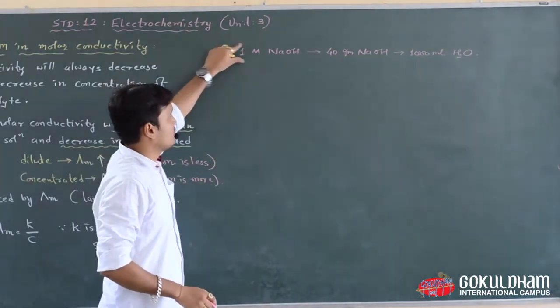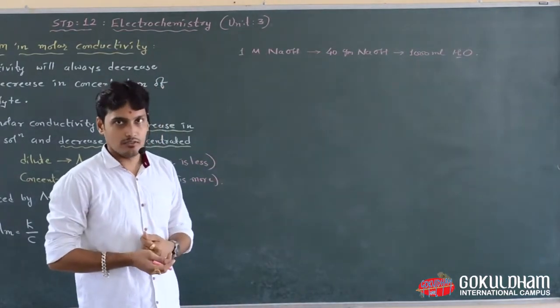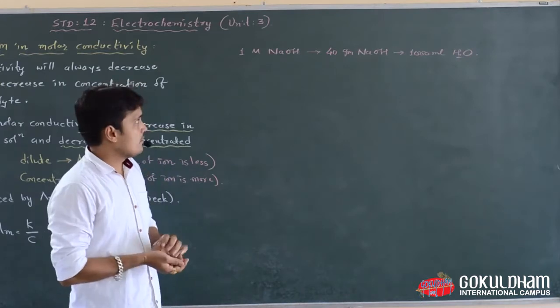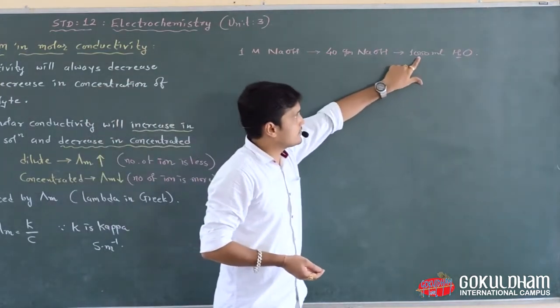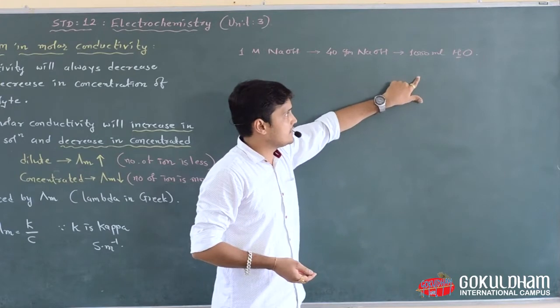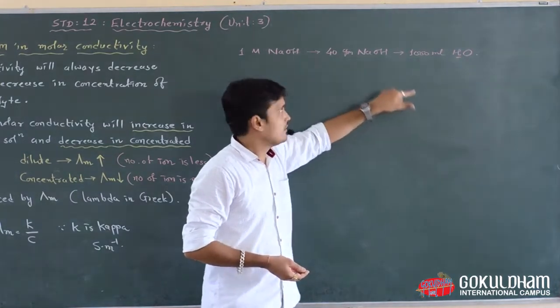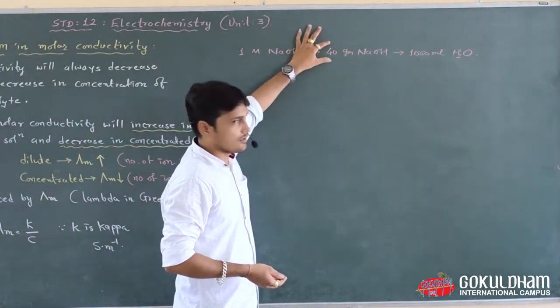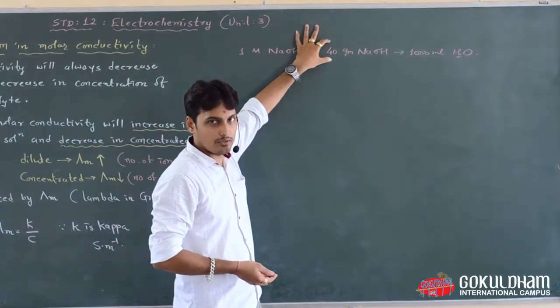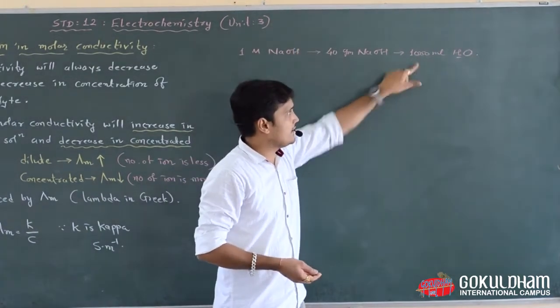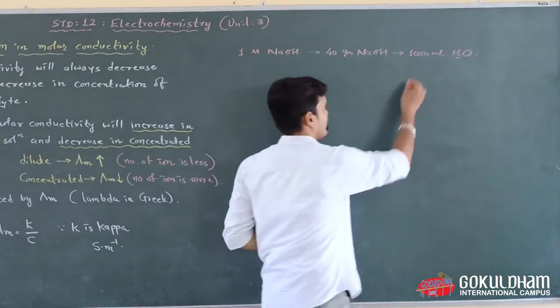This is the ideal 1 molar NaOH solution. Now, the volume of water is increased by me. We did not add another 40 gram of solute in the solution, but we are only increasing the volume.